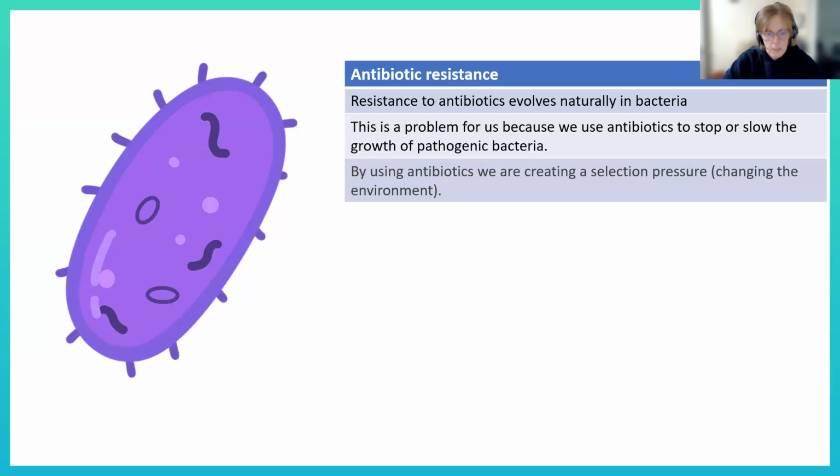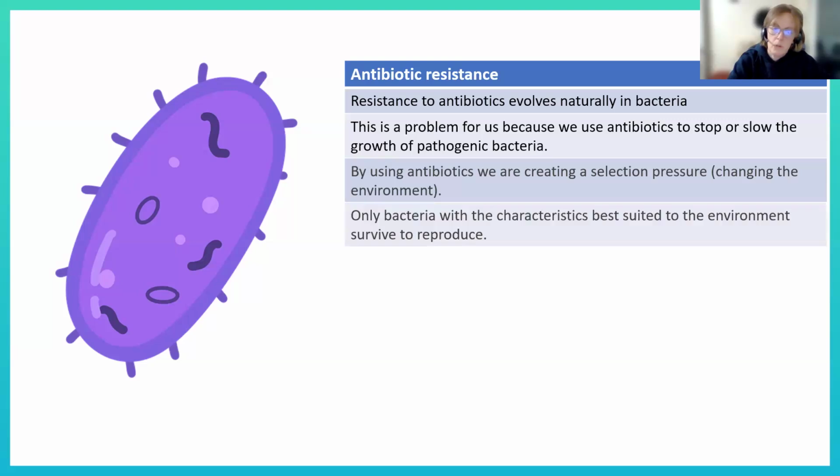But by using antibiotics, what we're doing is we're creating a selection pressure, which means that if bacteria have the ability to survive an environment with antibiotics in, they are more likely to reproduce. The ones with antibiotic resistance, obviously. And that's really good for them. So not good for us.